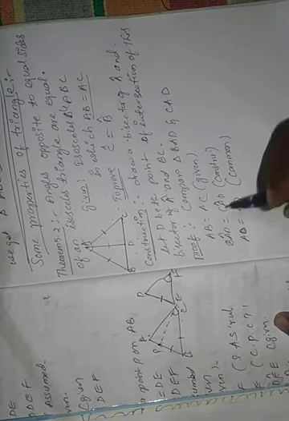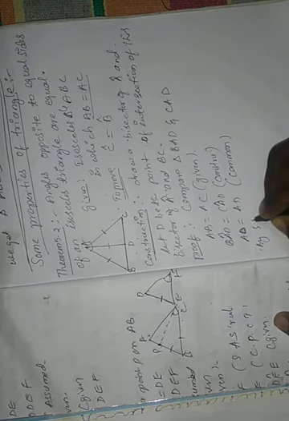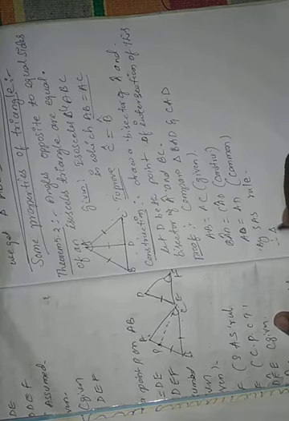So what is this? Side, angle, side. By SAS rule, triangle BAD is congruent to triangle CAD.